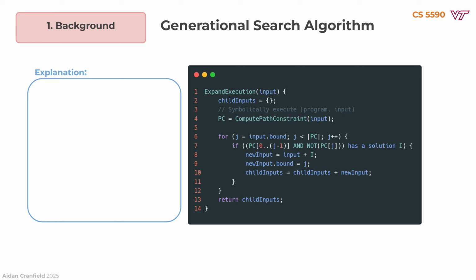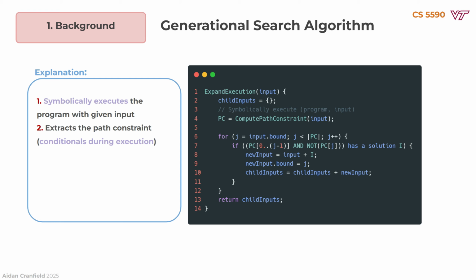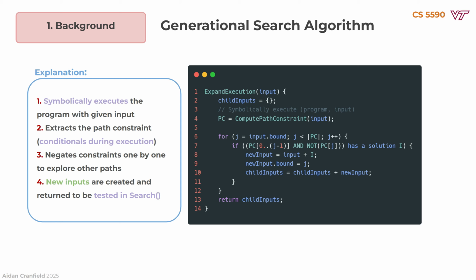How it works is, firstly, in this function, we symbolically execute the program with the given input, and then it extracts the path constraints, which you see on the 4th line, PC, that variable, which records the branch conditions encountered during execution. The algorithm then negates constraints one by one to explore different execution paths, and the new inputs are generated based on the child inputs, which are returned and tested in search.